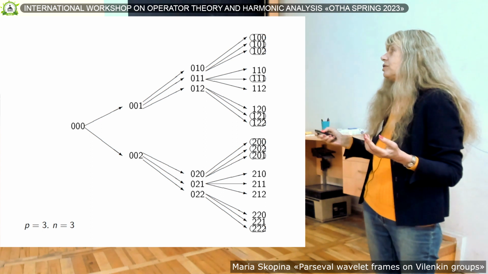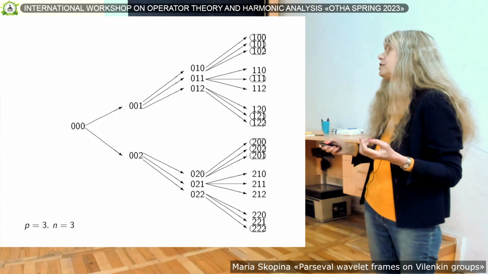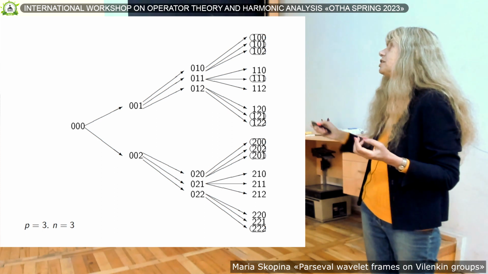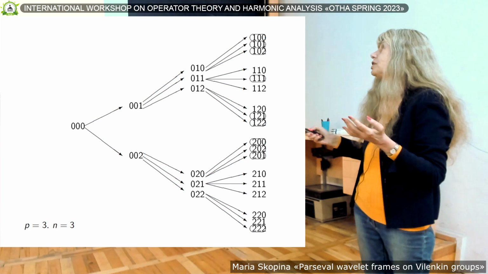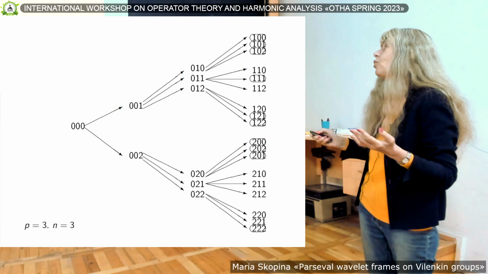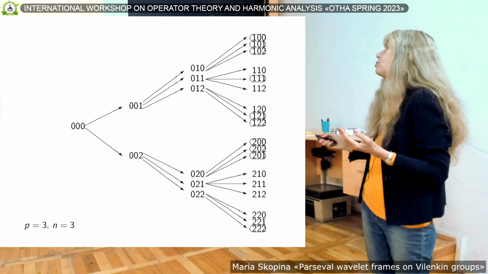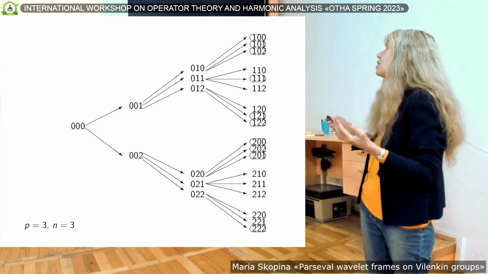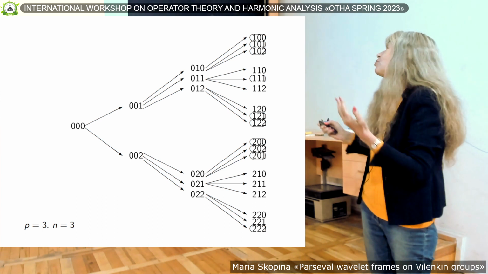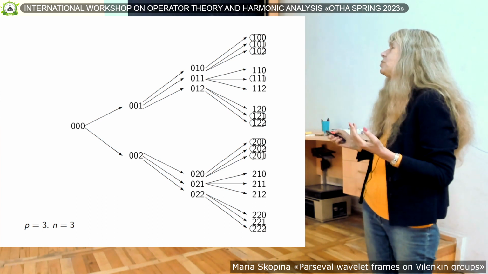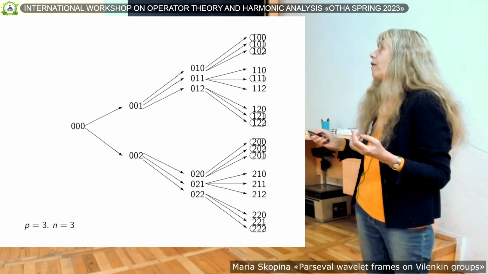Let us look. This is the case P equal to 3, N equal to 3. So capital N is 8. We can draw a tree to see all sequences. Of course, this is only a small piece. It goes right, and right. Four or five more columns are needed to get capital N equal to 8.